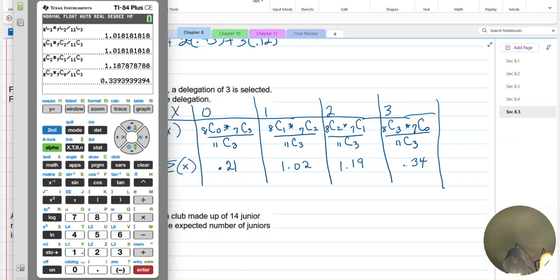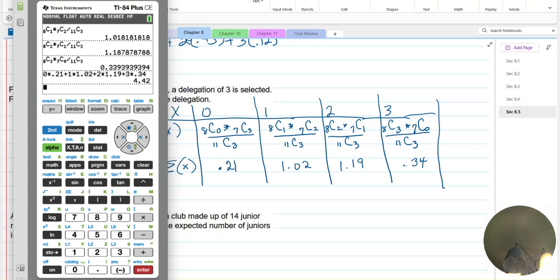So I'm going to have 0 times 0.21 plus 1 times the 1.02 plus 2 times the 1.19 plus 3 times the 0.34. And our expectation is that.